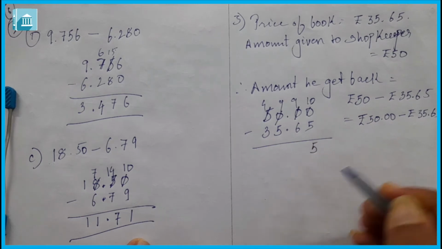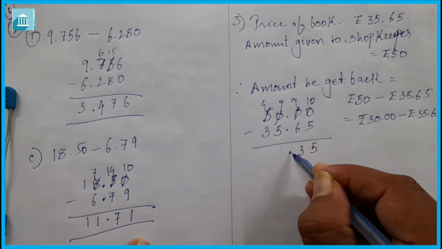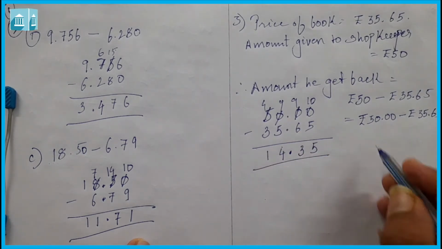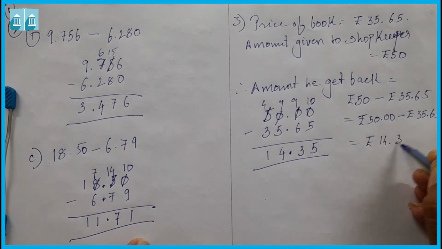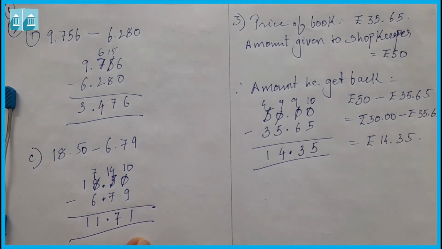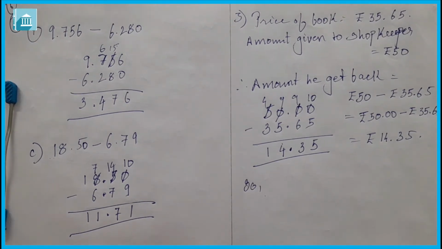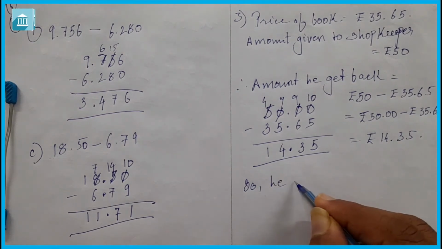So here 0 becomes 9, 4 becomes 9, and here it will be 10. 10 minus 5 is 5, 9 minus 6 is 3, 9 minus 5 is 4, here is the decimal point, and here it is 1. So we can say that it is equal to rupees 14.35. So we can write here the answer. How much money will he get back?